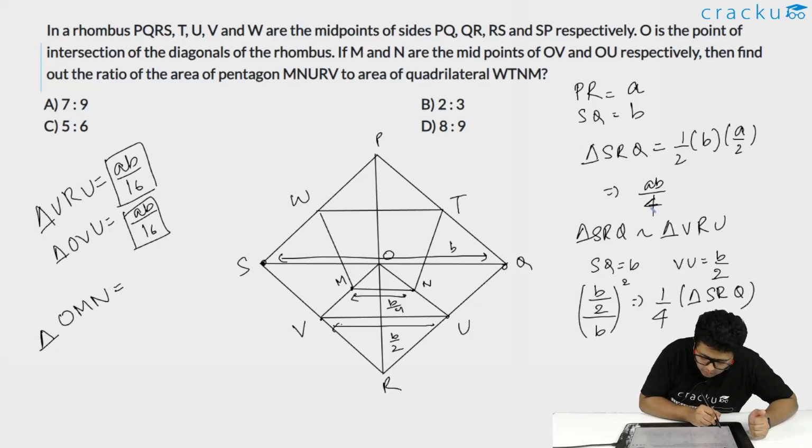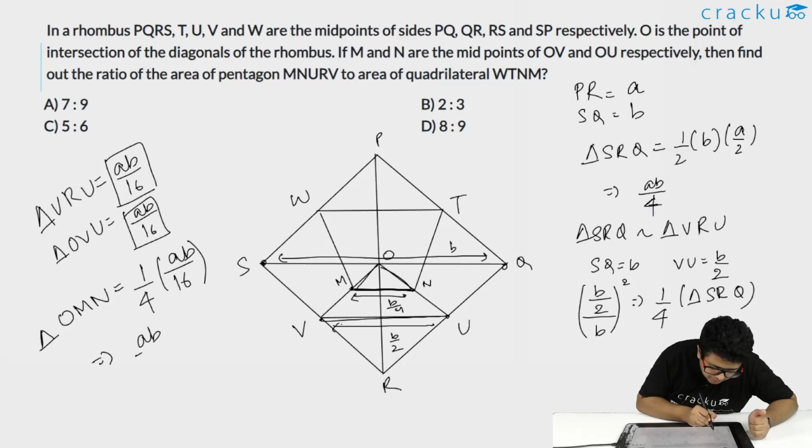OMN will be similar to OVU. Since the side is half of the side of OVU, the area will be 1/4 of that. So if the area of OVU is AB by 16, OMN area will be 1/4 of AB by 16. So triangle ONM will be AB by 64.